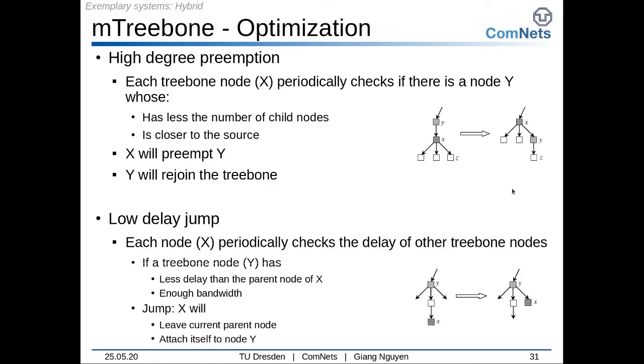The second optimization is low delay jump. Each node, in this case X, will periodically check to see whether there is a node with lower delay.